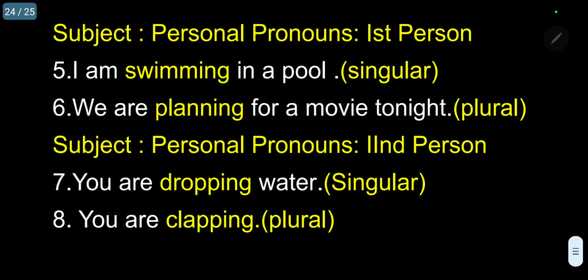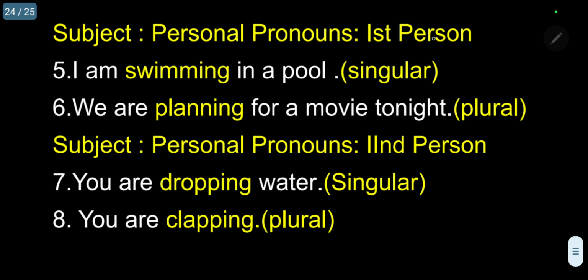So, you are dropping water, singular. You are clapping, plural. Both cases end with P, so we are adding P and ing: dropping, clapping. Even though the verbs are different, the end letter is P.